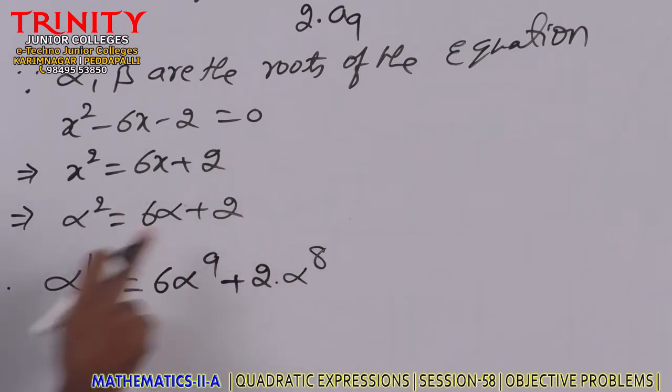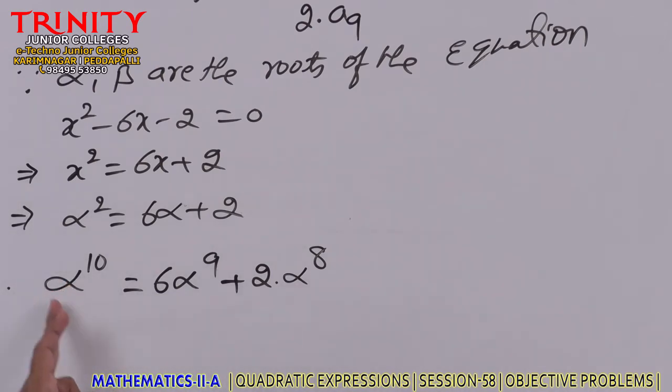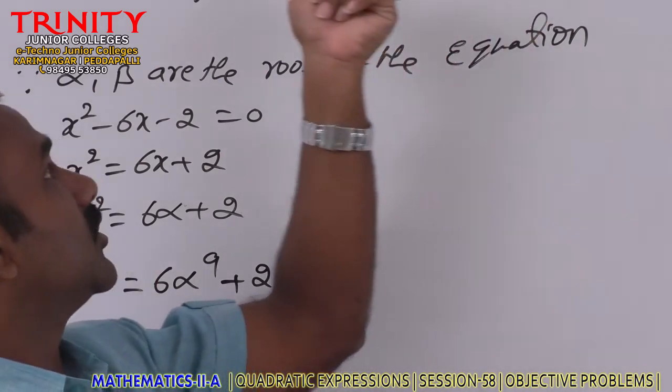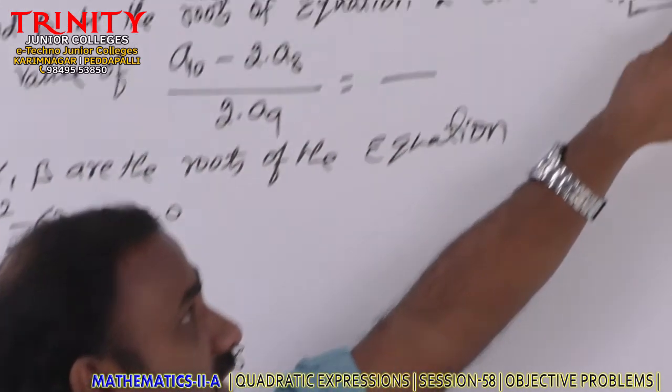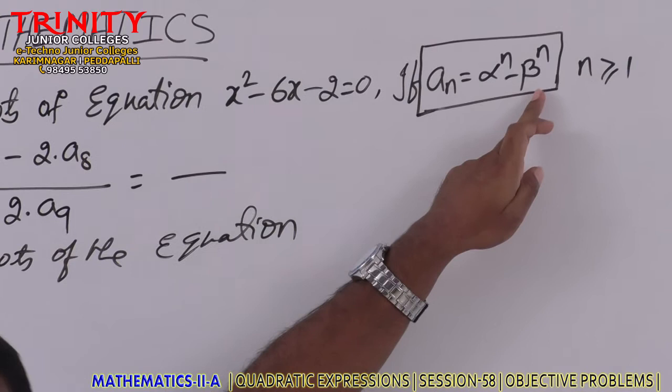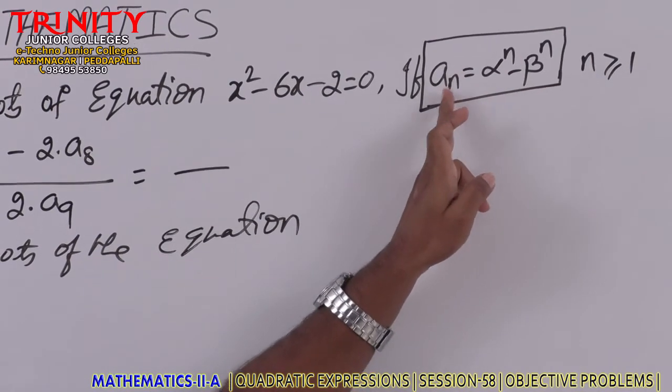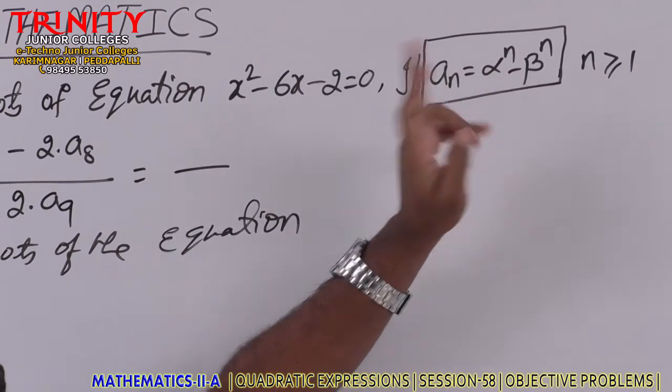Alpha square as this one, then alpha power 10 becomes, why are we calculating alpha power 10? To get A10. A10 is nothing but alpha power 10 minus beta power 10 we have to calculate. Therefore, to get A10 we require alpha power 10 and beta power 10.